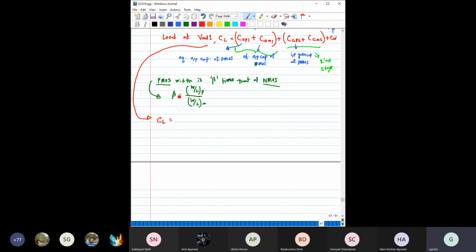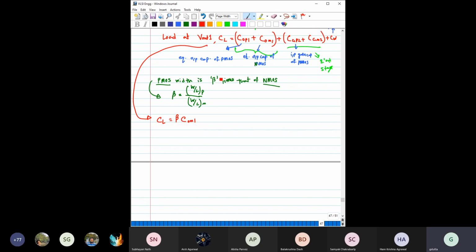If the PMOS width is beta times that of the NMOS, then all the associated capacitances are also beta times those of the NMOS. So if the NMOS self-loading capacitance is CON1, can we not write COP1 as beta times CON1?